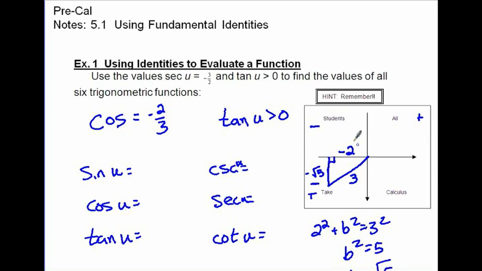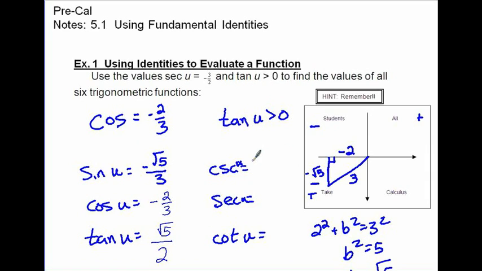So sine of this triangle here would be opposite over hypotenuse, which is a -√5/3. Okay. And cosine, we already know what that is, the -2/3. The tangent is opposite over adjacent, and negative divided by negative, of course, is positive since we know it's in quadrant 3, and we know it's already going to be positive.